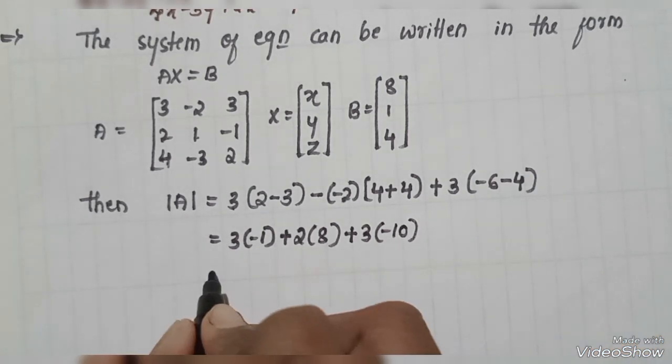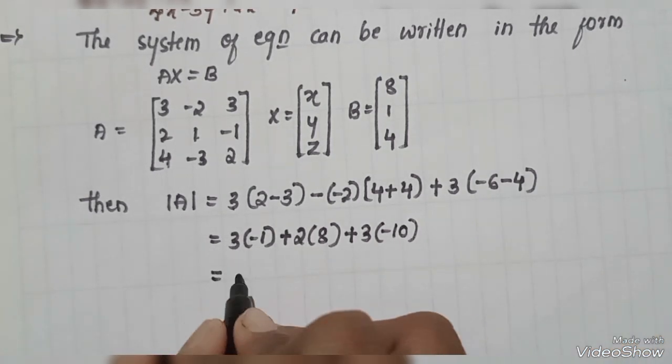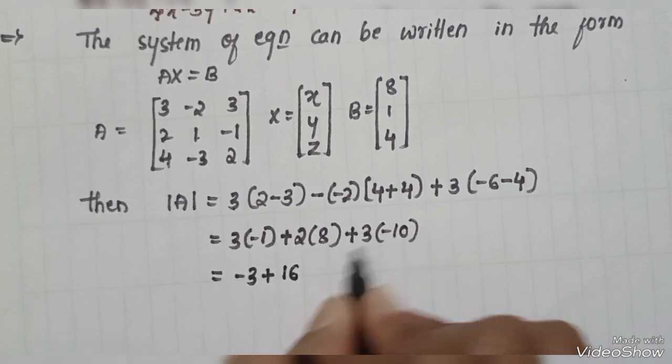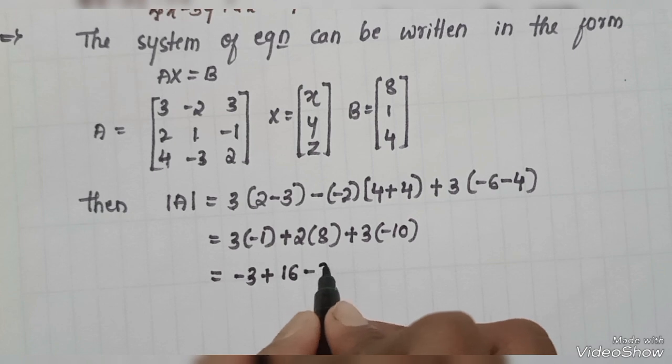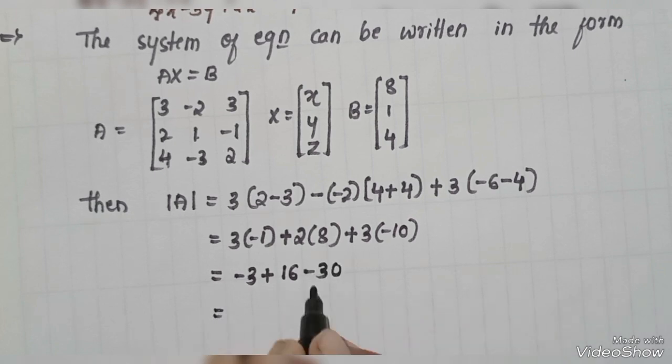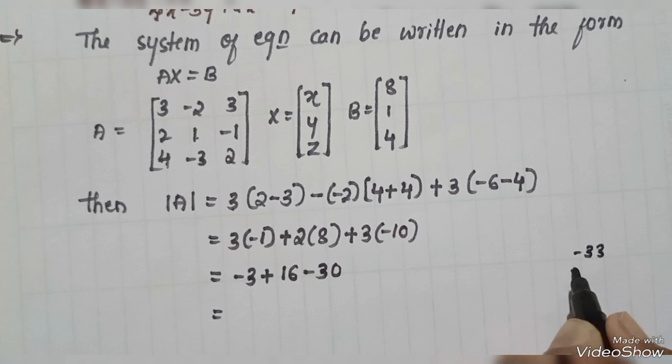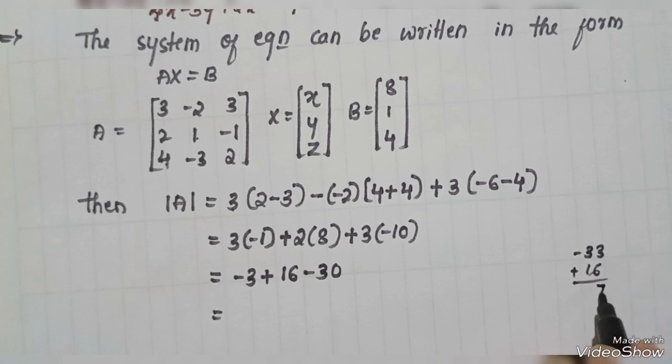Okay, next 3 into minus 1, minus 3. 8 into 2, 16. 3 into minus 10, that is minus 30. Here minus 3, minus 30, minus 33. Minus 33 plus 16, that is minus 17.